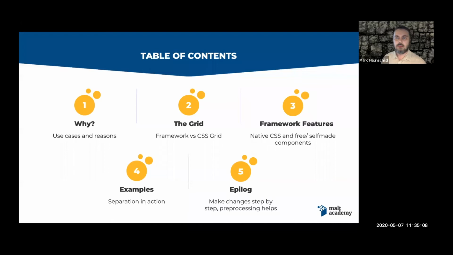Then in the third part, framework features, we are talking not only about the grid, but about other features which are coming with popular frameworks, especially Bootstrap, because it's the most popular. And then I'm giving you code examples of how it could look if you're using native CSS.